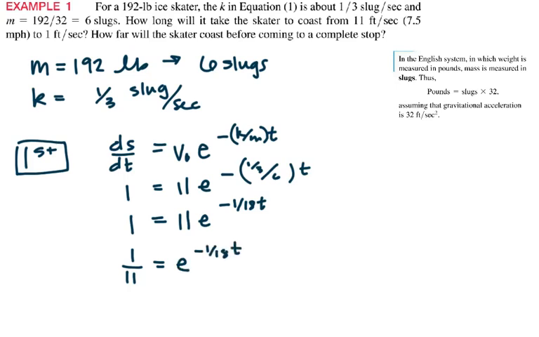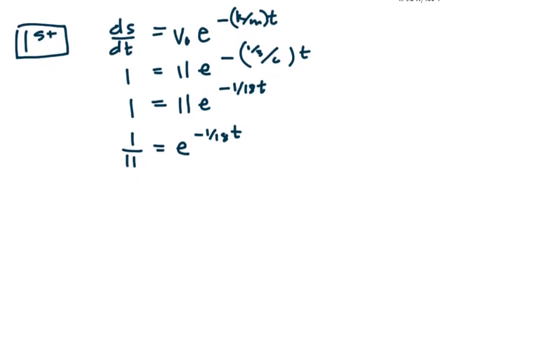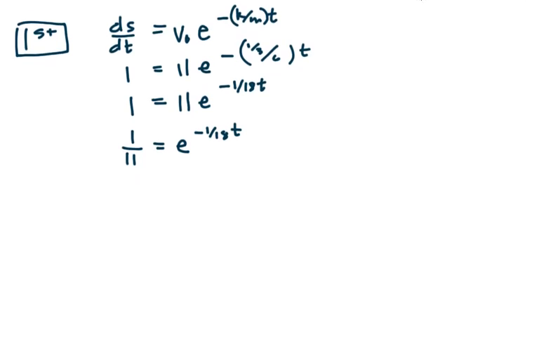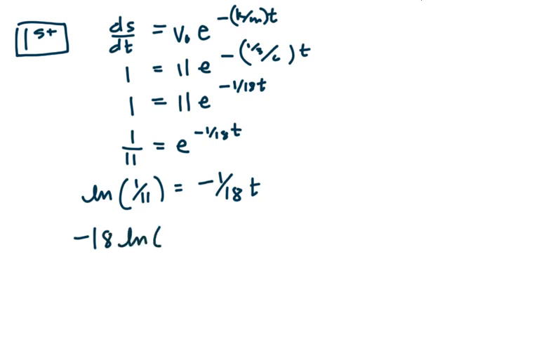To solve this and to isolate t and find out how long, we'll take the natural log of both sides. Taking the natural log of the e just leaves me with negative 1/18 t, and then we would multiply. So negative 18 natural log of 1/11 equals t.